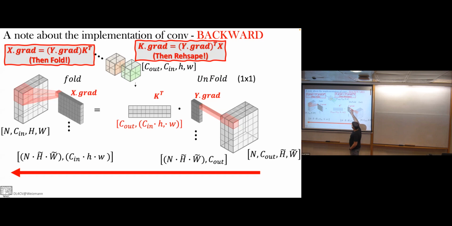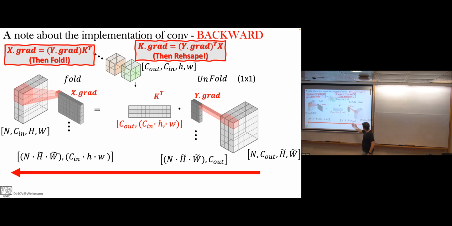I know that Y is the result of K multiplying X. So if I'm asking what is the derivative of Y with respect to K, this derivative is going to be X, speaking roughly simply, right? Y equals XK. So the derivative of Y with respect to K is X. So I have to be careful about all these transposes and stuff like this. But the gradient of K is X transposed times Y grad.